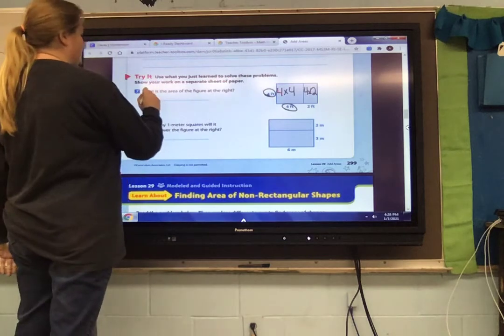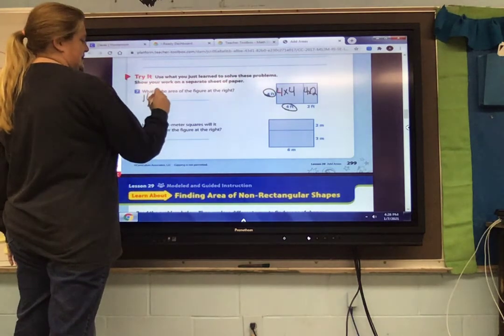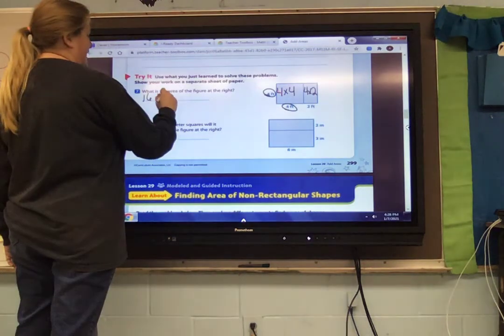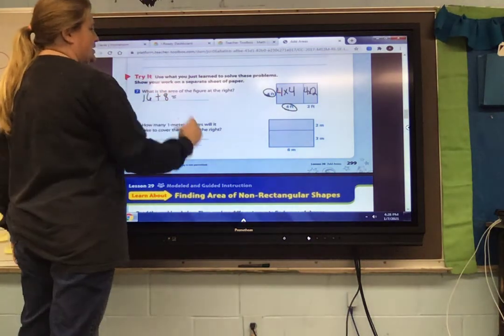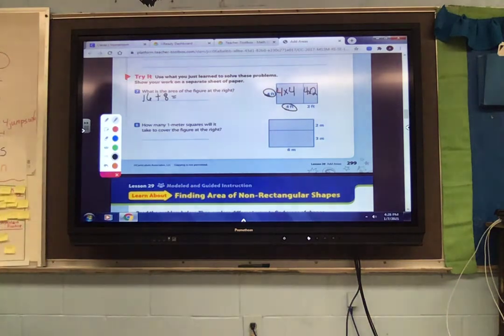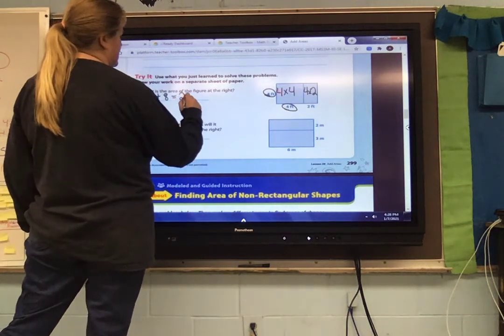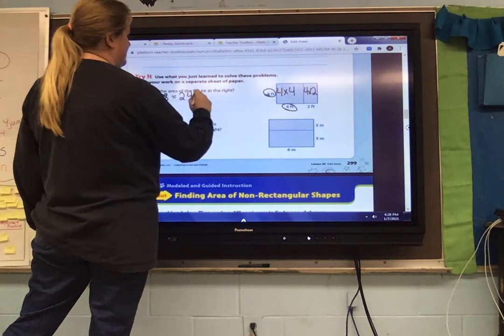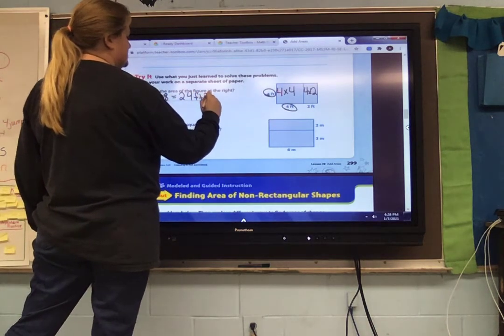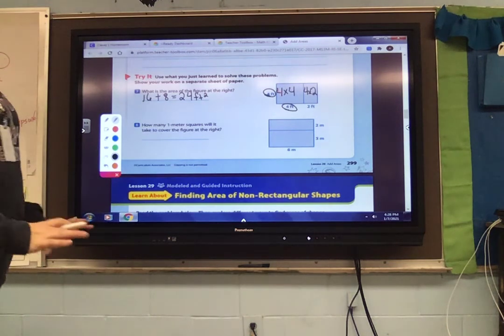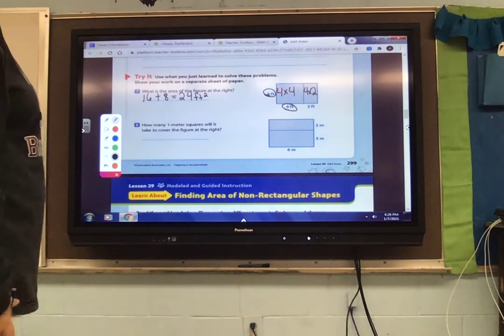What's 4 times 4? 16 plus, what's 4 times 2? 8. What is 16 plus 8? 24. Our label is feet, and we're going to square it. So 24 square feet would be the entire picture's area.